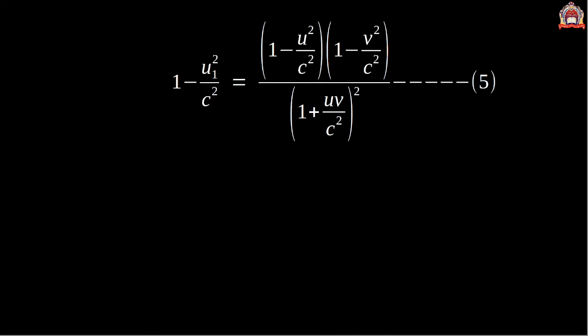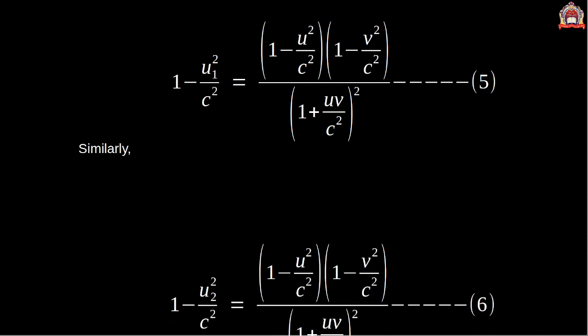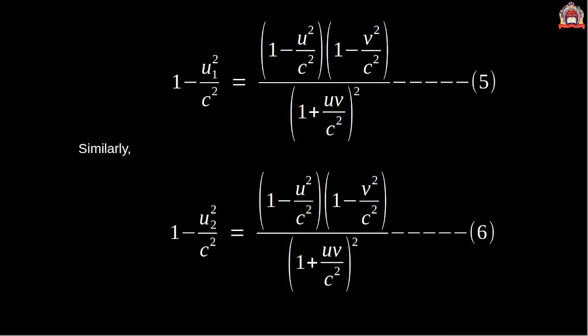Then take the one side, that is 1 minus u1 square by c square. So we get equation number 5. After solving it, we get this for one particle. Similarly, we get it for the second ball with the velocity u2.